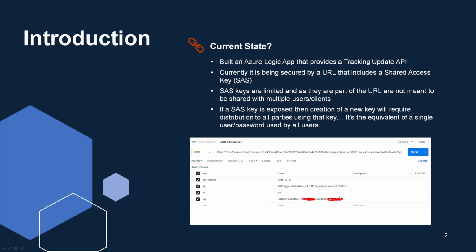So all of this forms part of a sort of single or multiple use URL in order to access that Logic app. So you can basically copy that, paste it into Postman or an application and gain instant access to your Logic app. And so can all of the parties that you share that with, but they'll all be using the same key in order to connect.